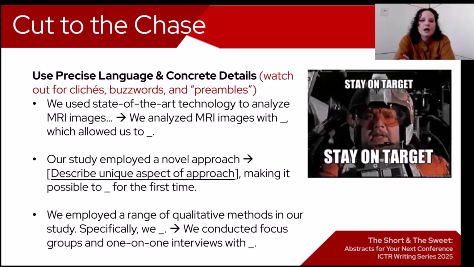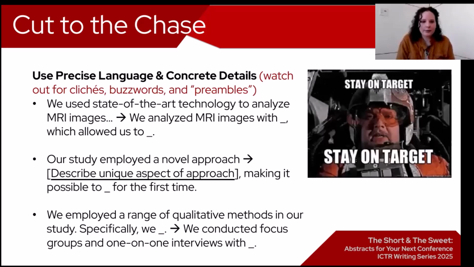So you want to watch out for clichés, buzzwords, and preambles, which I'll give an example of in a minute, and instead replace those with specifics to your project, so that you stay on target on what makes your project unique, instead of describing it as unique.